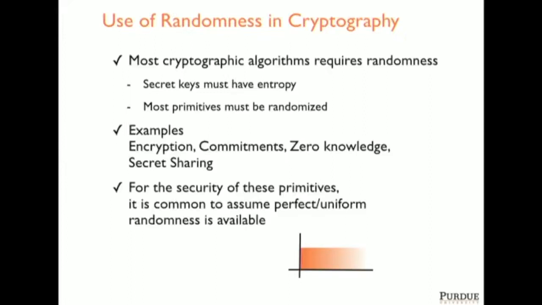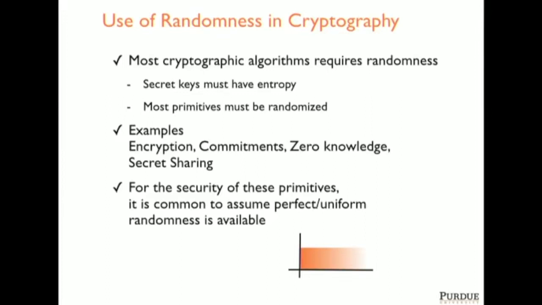I guess those of you who have already taken a crypto lecture or even a security lecture know that to get good privacy guarantees, most cryptographic algorithms use some kind of randomness. We certainly need that, because when we talk about the secret key, that secret key should have some entropy, and the best way to do that is for the secret key to be chosen uniformly at random or with some randomness guarantee.